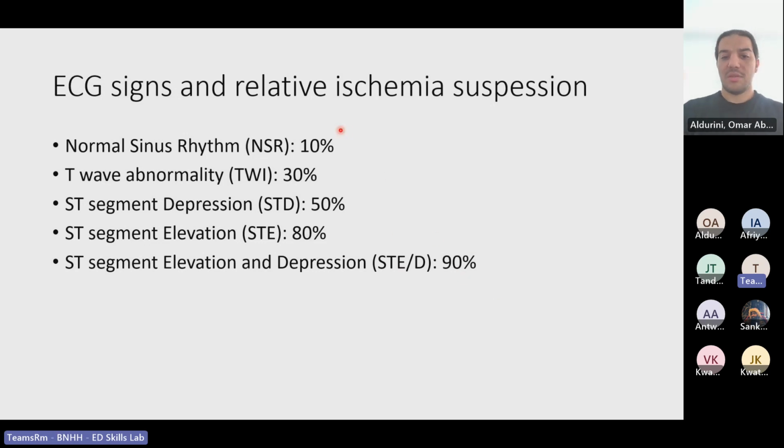You can notice that there is no percentage that says 100%. Not even the highest percentage that we have is a 90%, and this supports that the ECG is not black and white. It's not a yes or no tool. It's a suspicion tool, depending on the presentation and the complaint of the patient and how things started and how things are going.